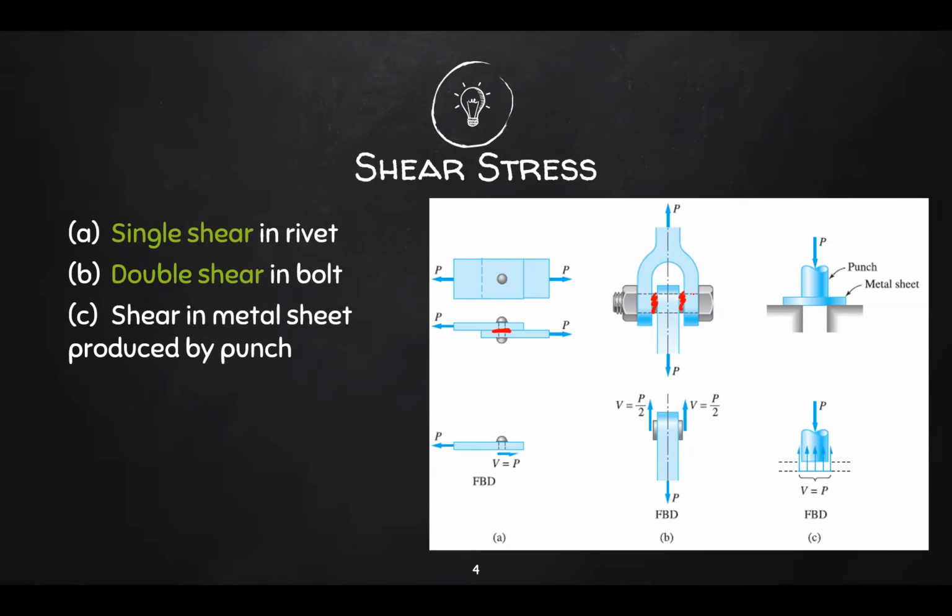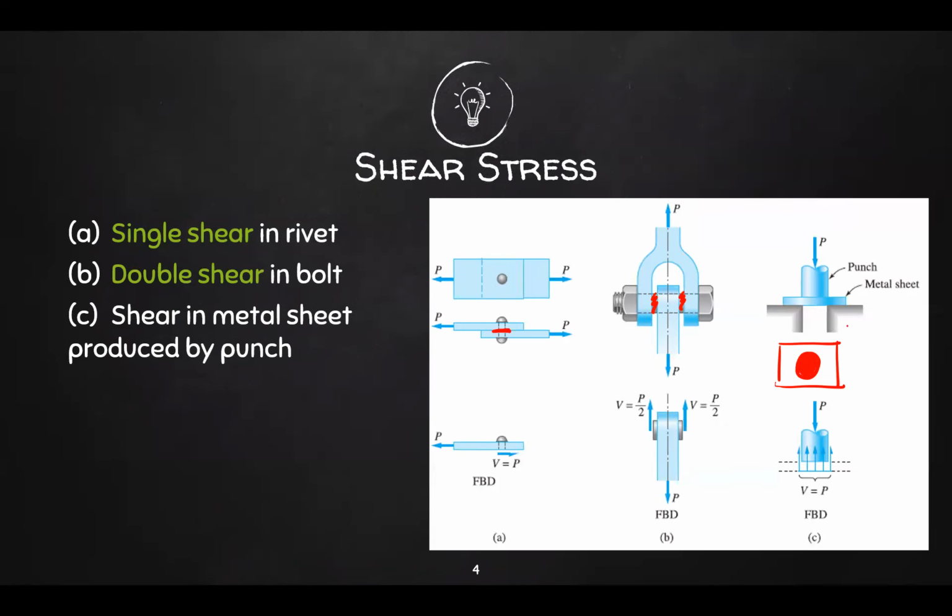And then lastly, shear in metal sheet produced by a punch. So let's say we have this cylinder right here, then we have a metal sheet. Because of a force, this cylinder will create a hole in your metal sheet. Creates this hole.